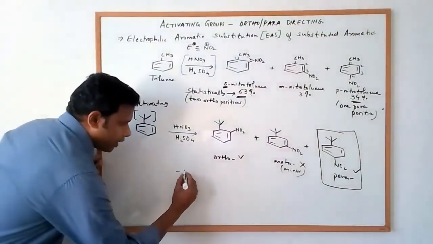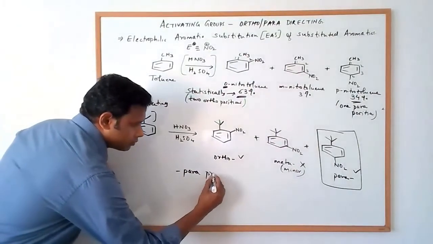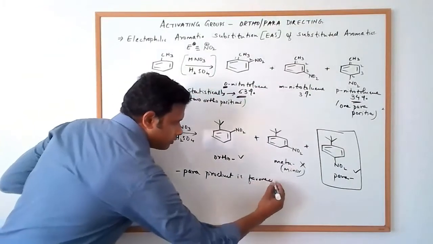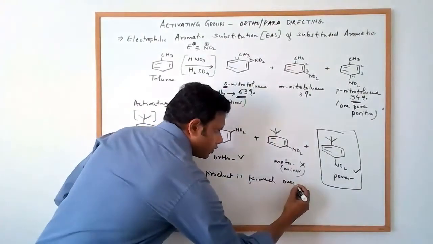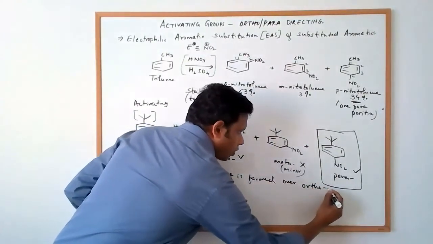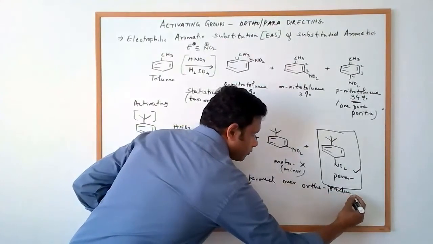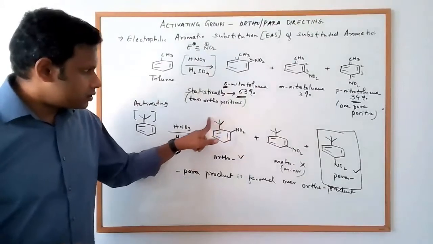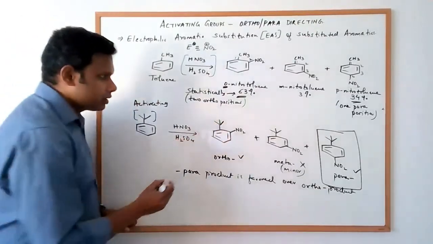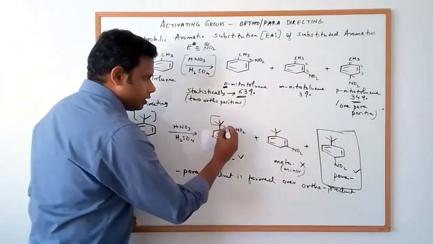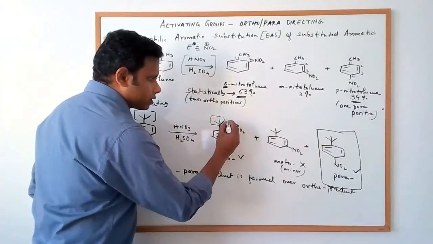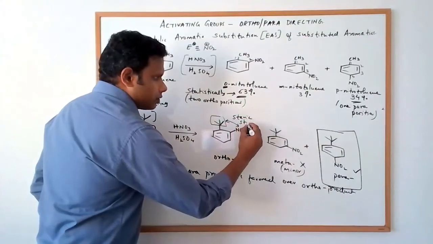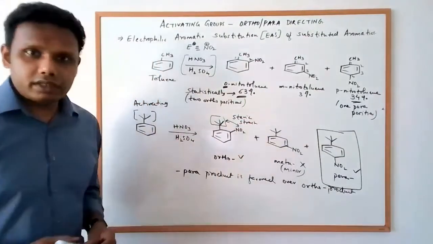So the para product is favored over the ortho product. And that's because the tert-butyl group is a bulky group. So in this ortho product, we have steric strain that's going to build in.